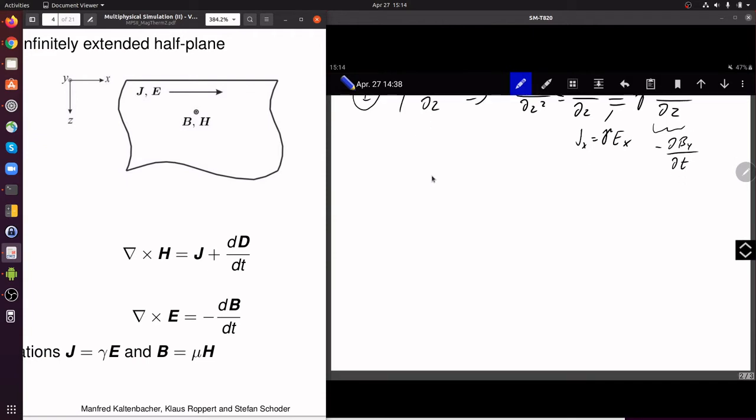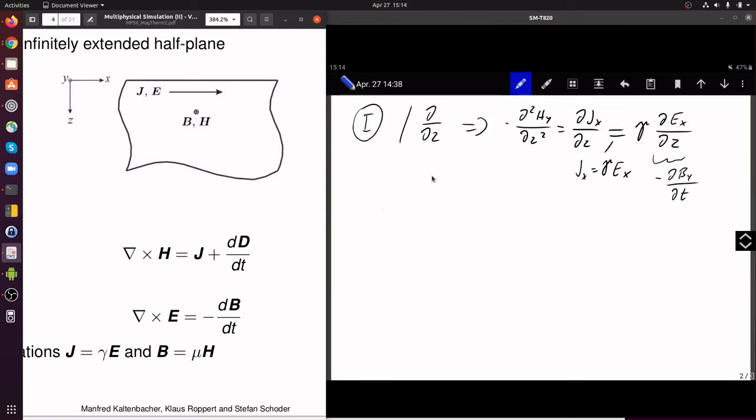Then if we write it down again, we have the second z derivative of Hy equal to, again using the constitutive law, B is mu H, gamma mu times the time derivative of Hy.